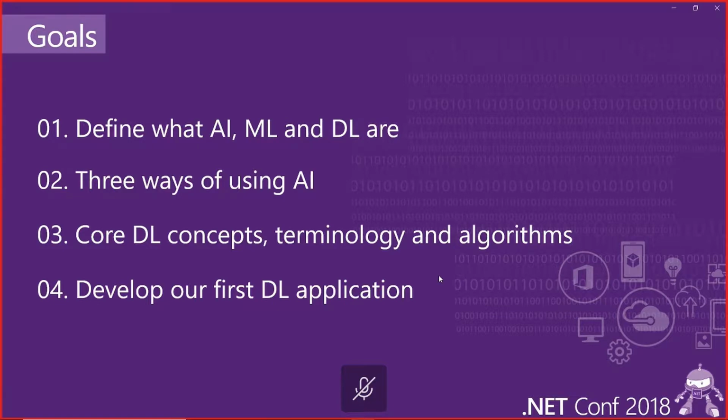You will learn the way you can develop artificial intelligence and infuse it in your application to make it smart. You will also understand the core concepts of deep learning, some of the technology, some of the terminology, and the algorithms. And we will also develop some cool stuff. So let's go ahead.